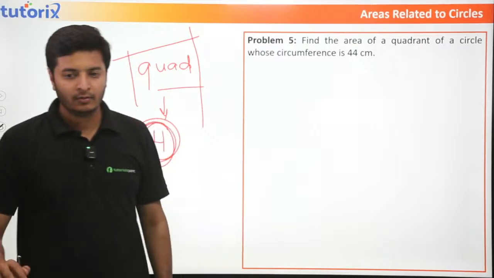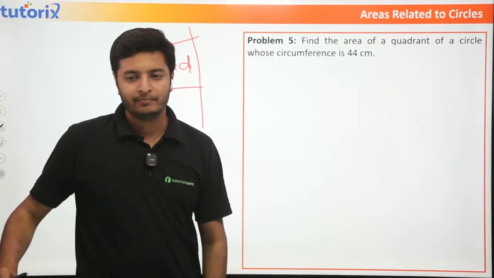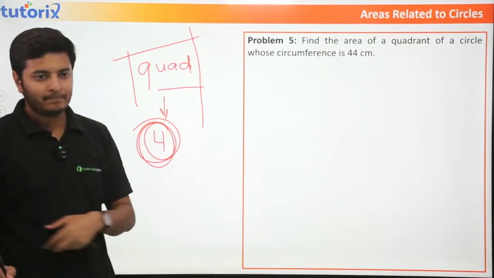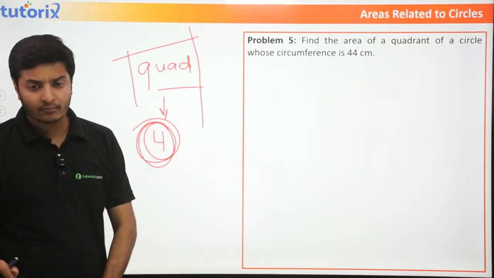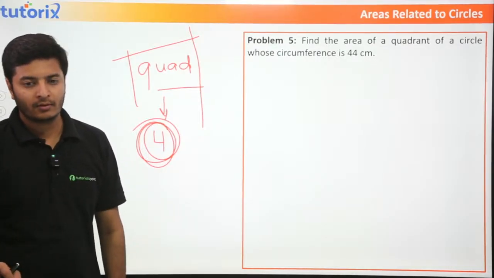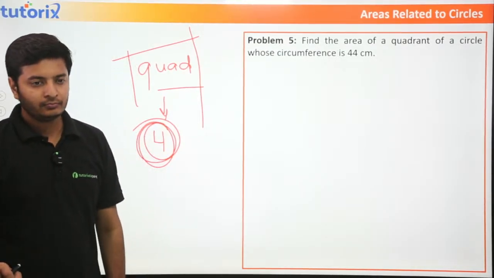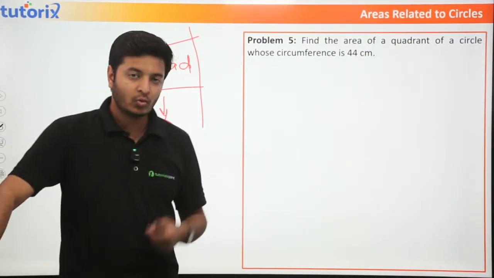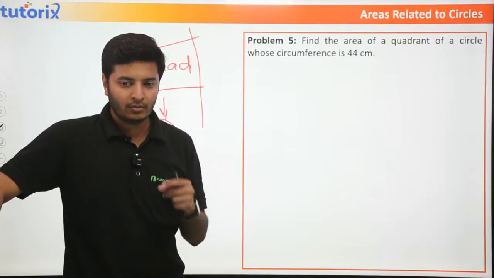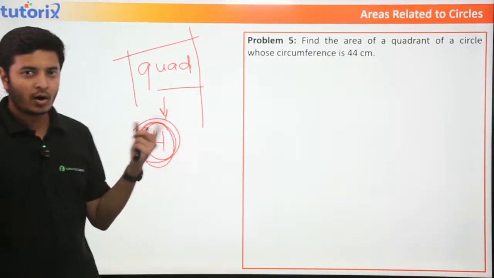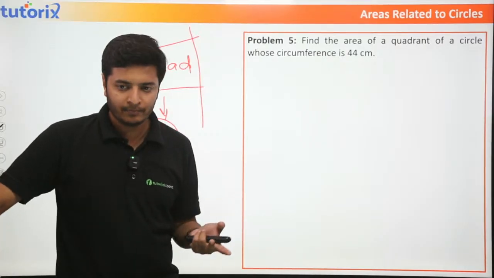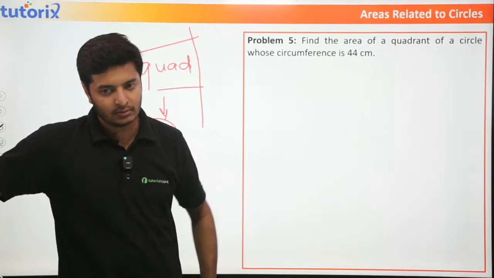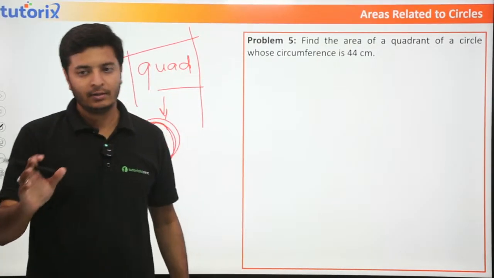Quadrant means the fourth part of a circle. This quad you may have seen in different places. Quadrilateral, quad, 4 sides, correct? Squad, a team of 4 members, correct? Quadrant, quadrate. So wherever we are using quad, it means it has something to do with 4.